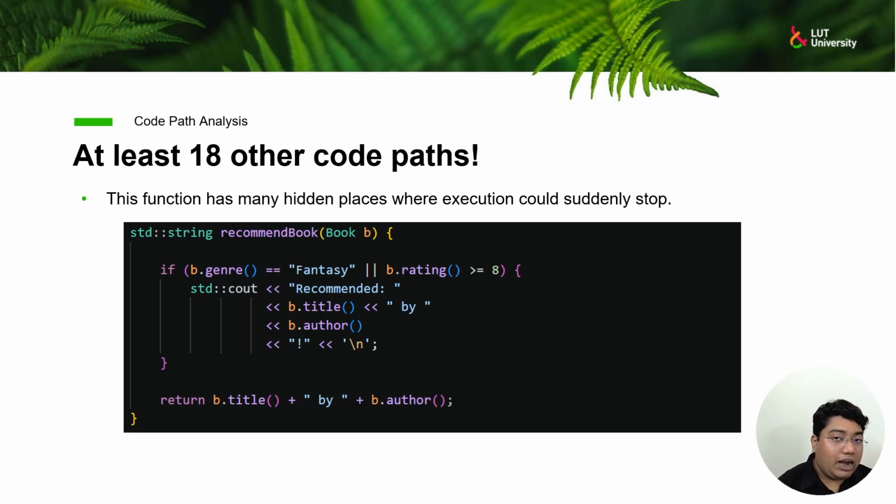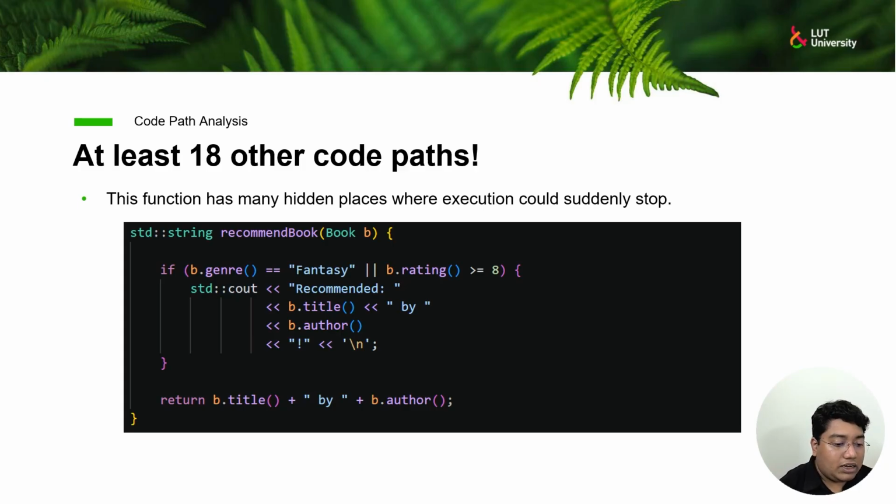Just because they are error paths doesn't mean they are not code paths. They are also code paths. Three visible paths suddenly become more than 20 possible execution paths. So the important lesson here is not actually the number.